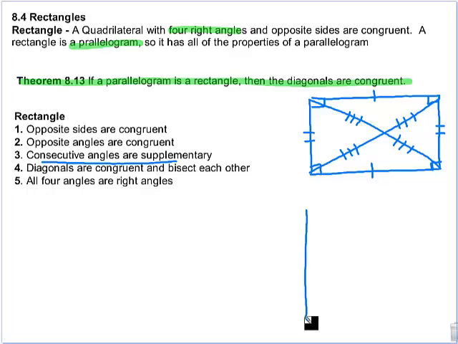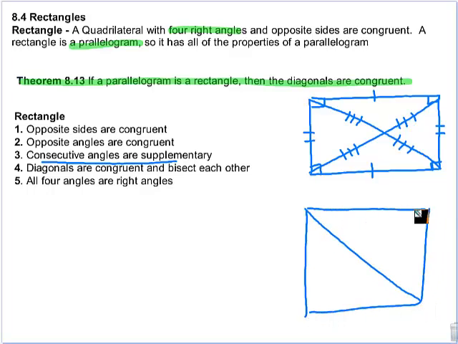And the reason why, I'm just going to draw one of these out here. Let's see, 1, 1, 2, 1, 1, 2. These 2 triangles would definitely have to be congruent because of side, side, side. Okay. If we flip the diagonal around and drew it the other way, we still have these same exact triangles drawn again. So these 2 diagonals have to have the same length because they're all 4 congruent triangles.